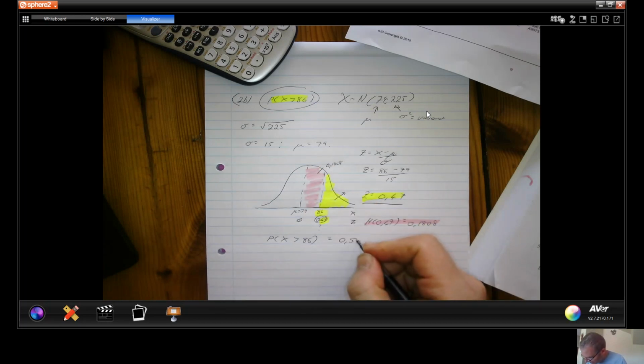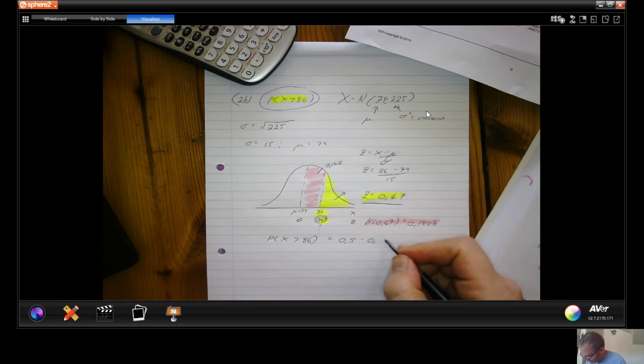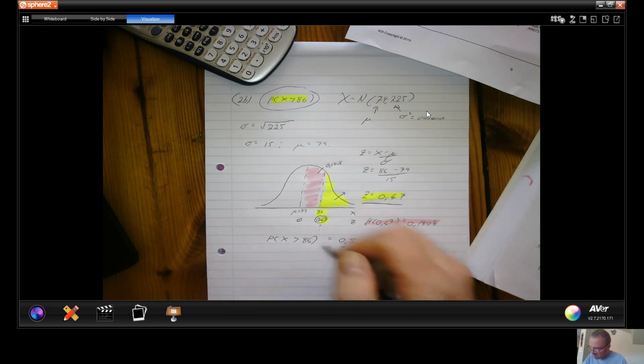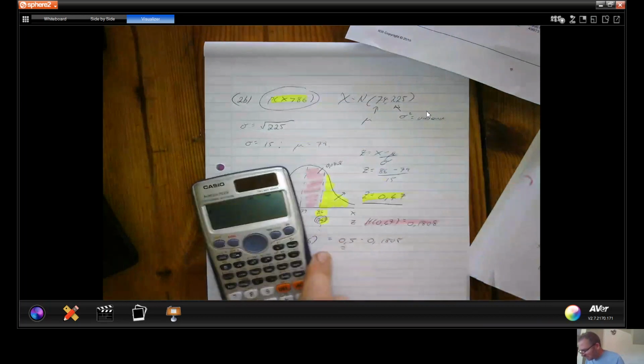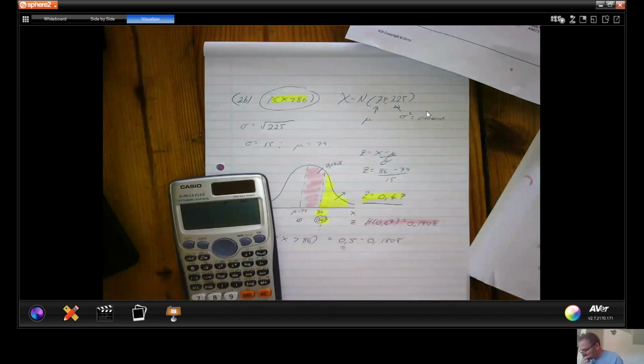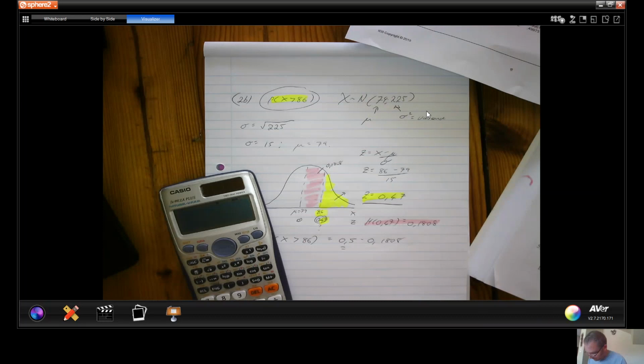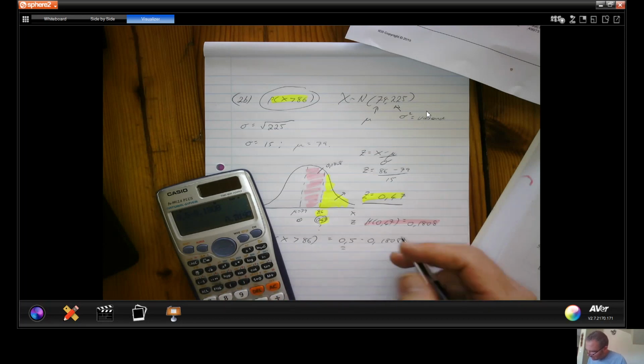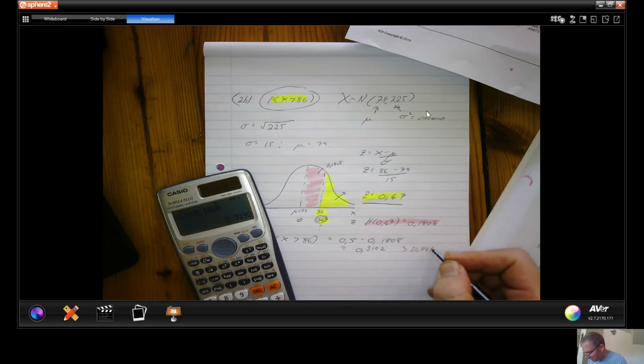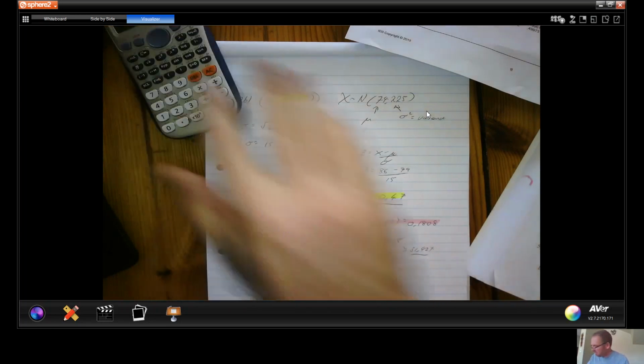So it's going to be 0.5 minus 0.1808, and you get an answer of 0.3192. So approximately 31.92, well, not approximately, percent is your final answer.